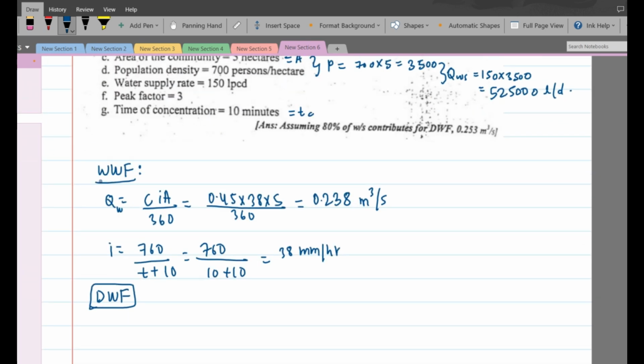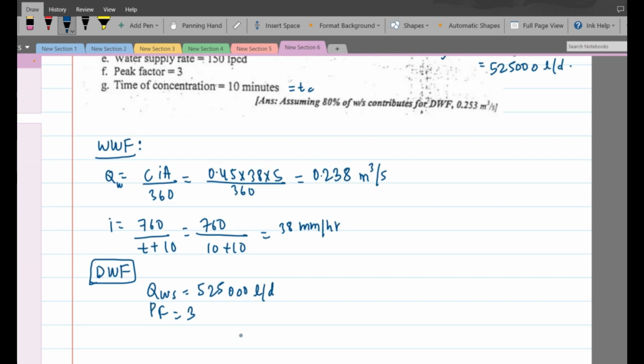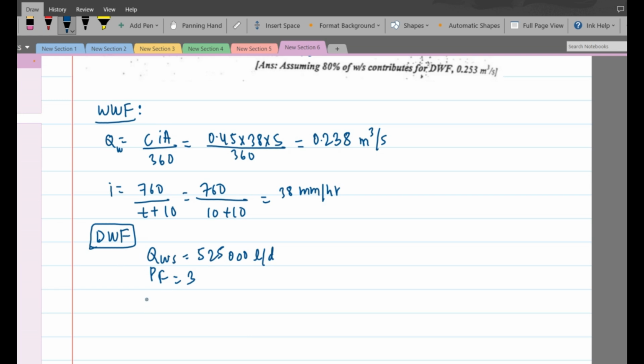Now for the dry weather flow, the quantity of water supply is 525,000 liter per day as calculated before, right? We know the peak factor is 3, and let's assume return factor as 80%, that will be 0.8.